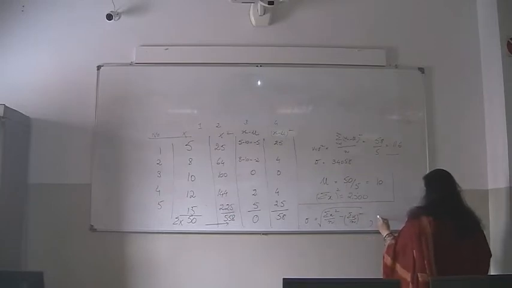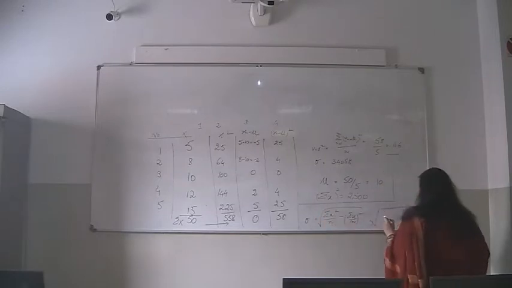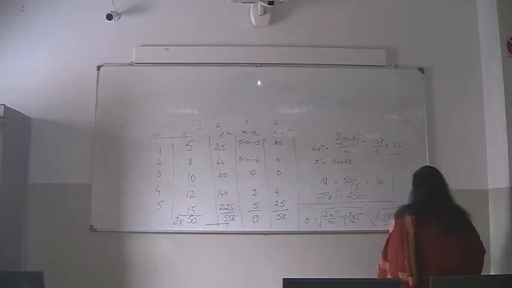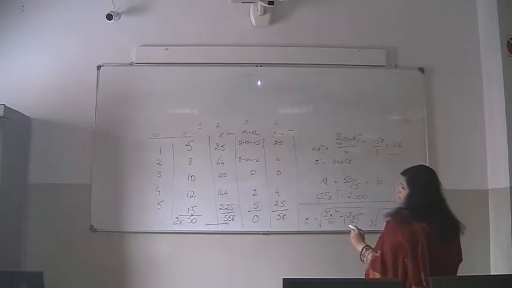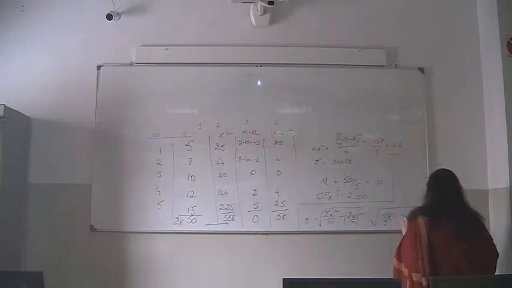So what was the value that we had? Summation x square, 558 by 5 and minus, summation x in this case was 50, and 50 by, again, 5 whole square, right?